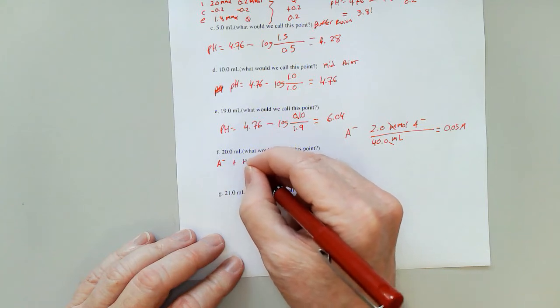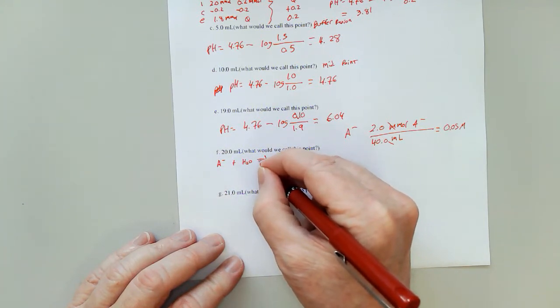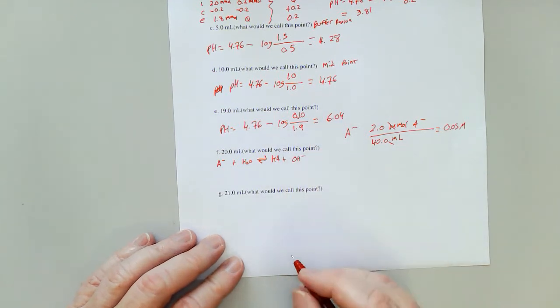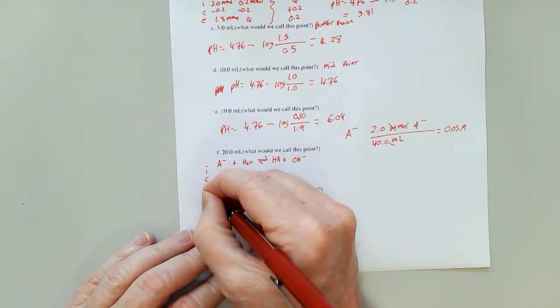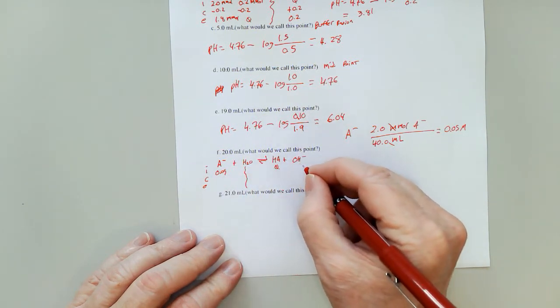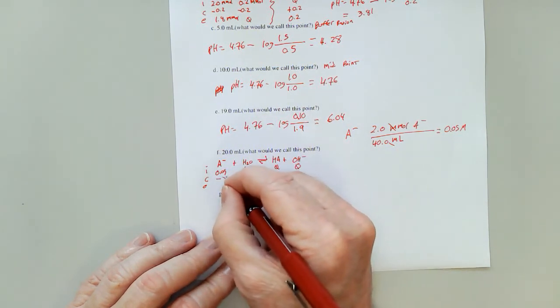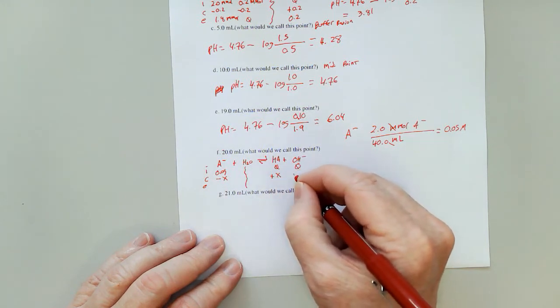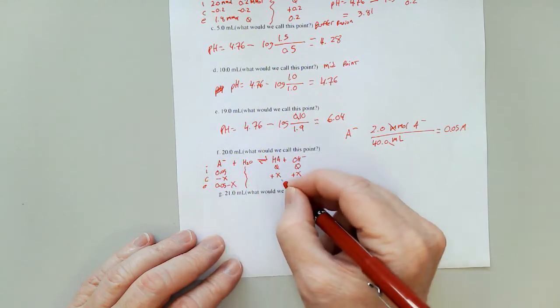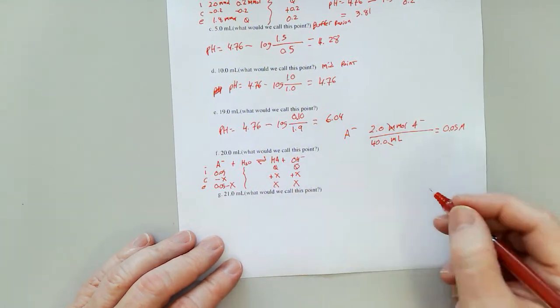The A minus will react with water. It will form HA and OH minus. I can do an icebox. 0.05, ignore. 0, 0, minus X, plus X, plus X. 0.05 minus X, X and X.